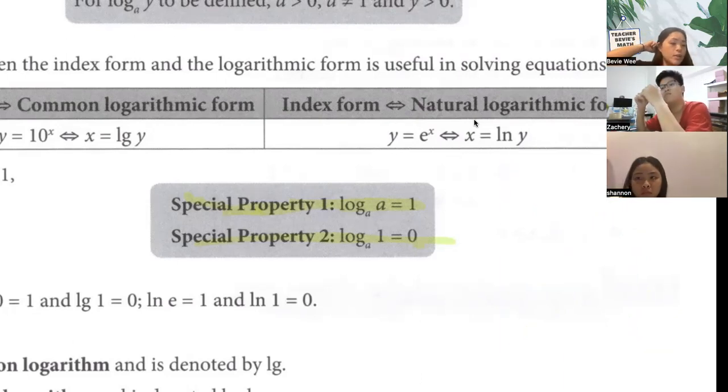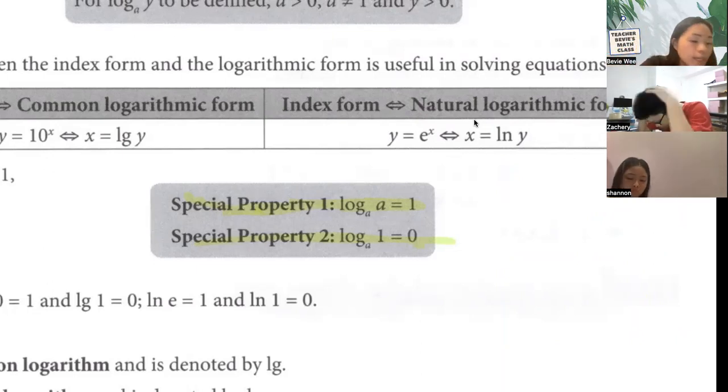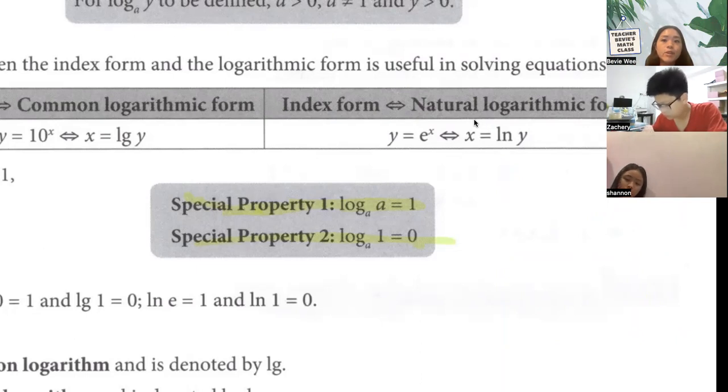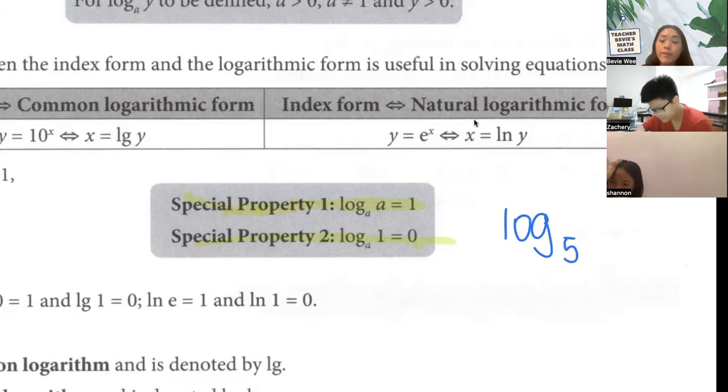Can you look at your calculator and press log 8? You realize the log button does not let you enter the base number. If I want to press log base 5, how? Cannot. The calculator's log button doesn't allow you to do it.